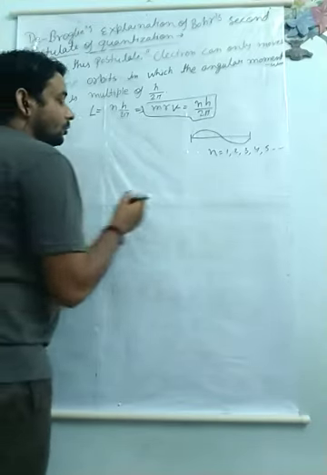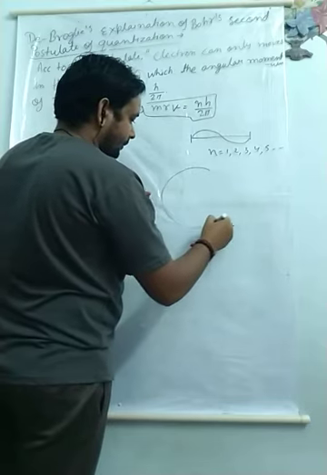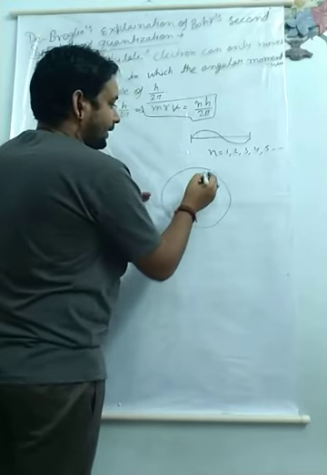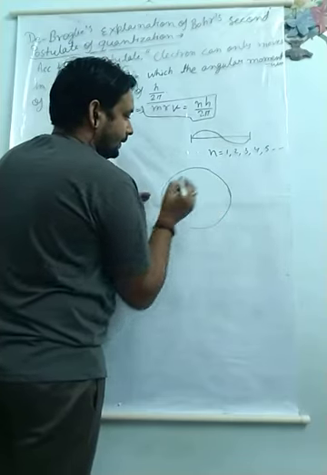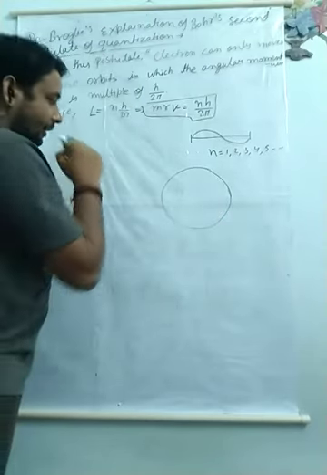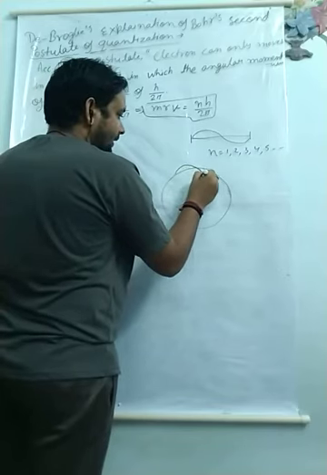Okay, so if an electron is revolving around a nucleus, then according to de Broglie it can move like this.